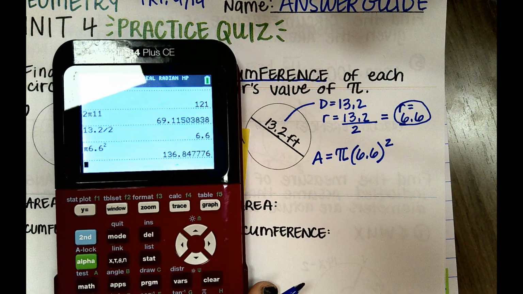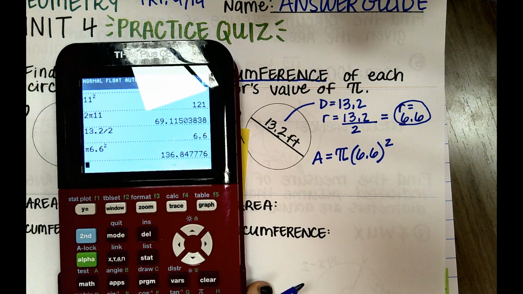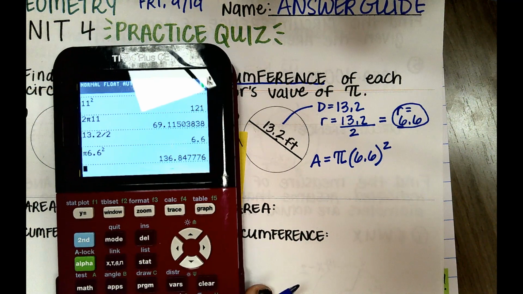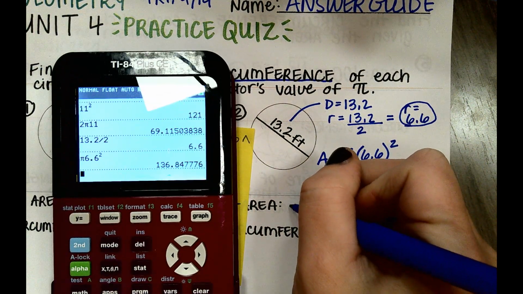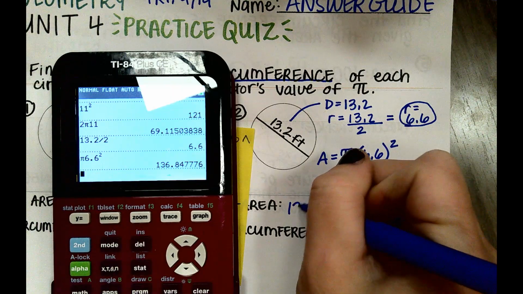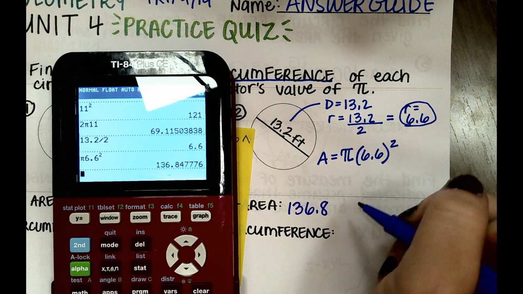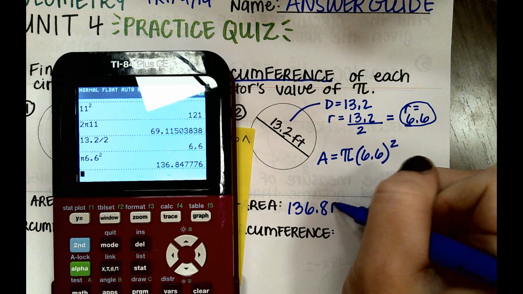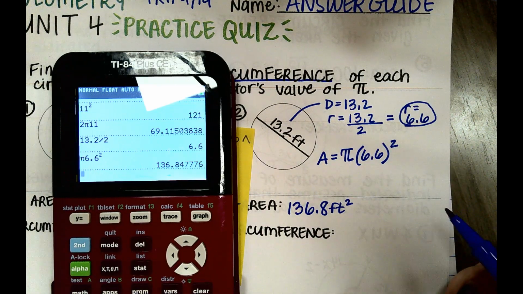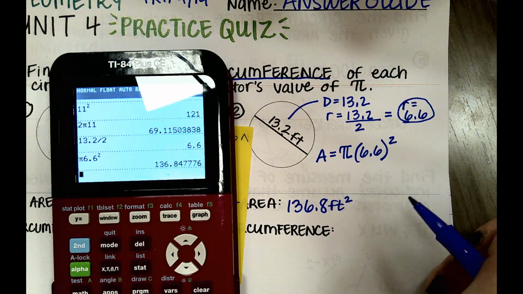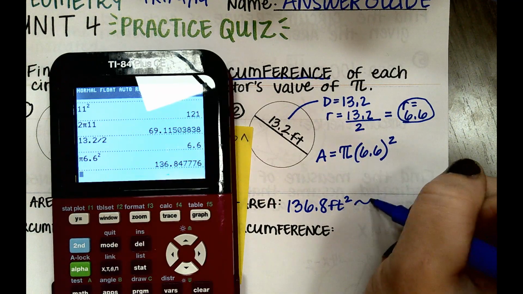Are you guys getting 136.8 and so on? Yes. Good. Okay, so let's put that here. 136.8. What are my units? Feet squared. And because this is approximate, what do I add at the end? Tilde. Good.